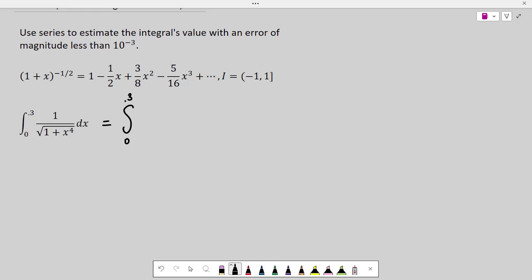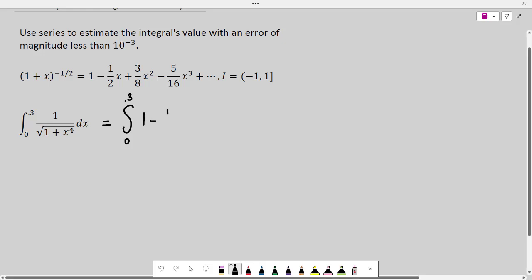So we're going to have 1 minus 1/2 x to the 4th plus 3/8 x to the 4th squared, that's x to the 8th. And then minus 5/16 x to the 4th, multiply, we get x to the 12, plus etc. dx.